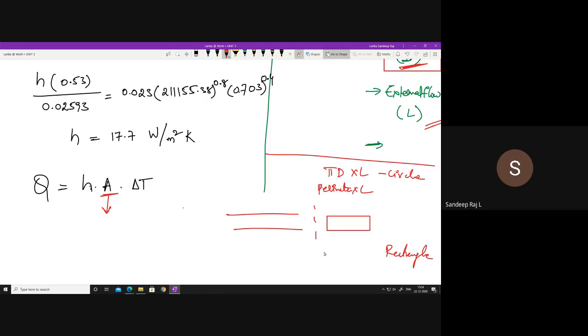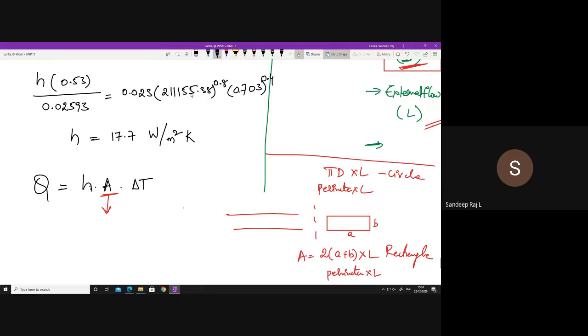The perimeter is 2 into A plus B, if this is A and this is B. You will use 2 into A plus B, and into L. That is again perimeter into length only. So this is what the area formula is.